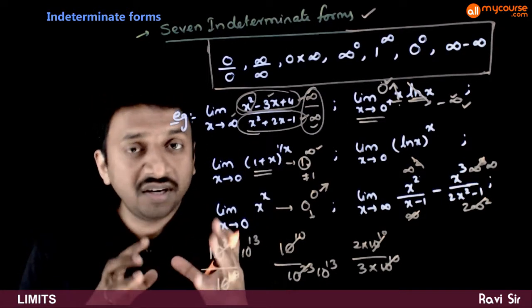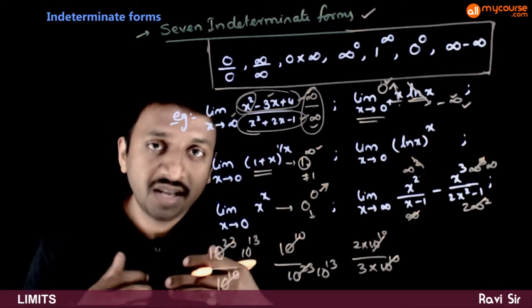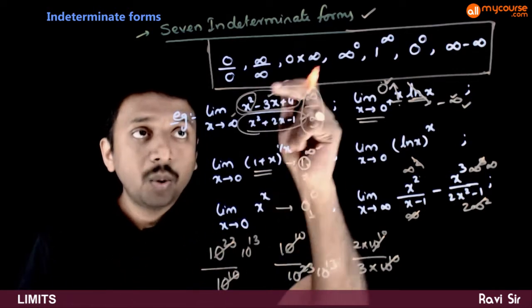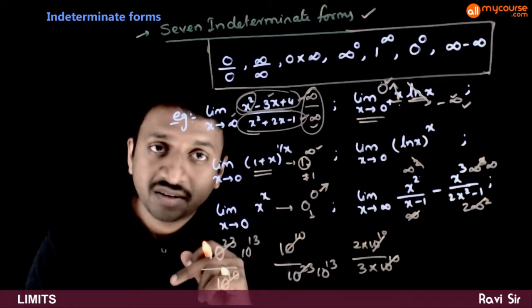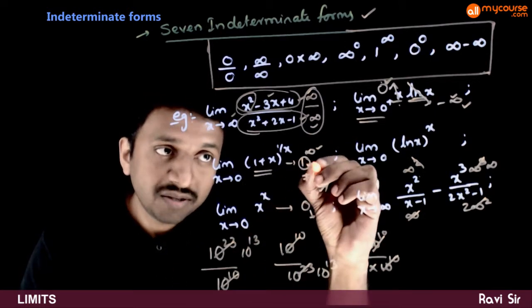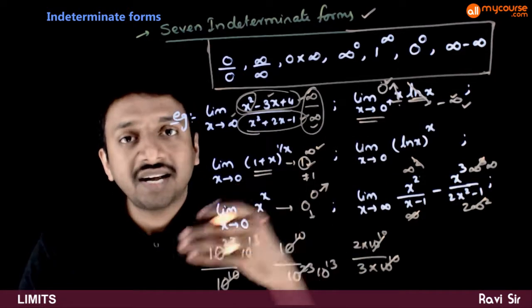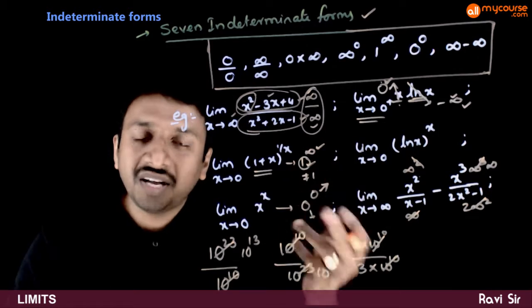And whenever you have indeterminate forms, you have certain methods by which you can analyze the limits. So what you need to understand here is, on direct substitution, if you find 1 power infinity, the 1 that you see here is not exactly equal to 1. The infinity that you see here is not exactly equal to infinity, because obviously x equal to infinity is not there.